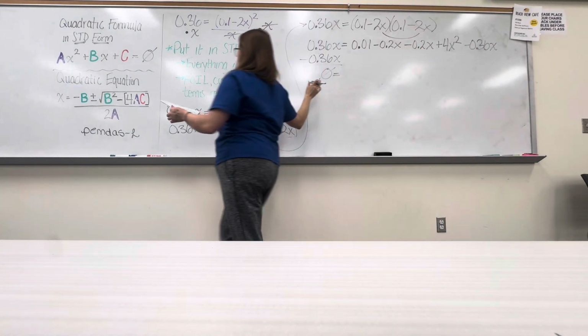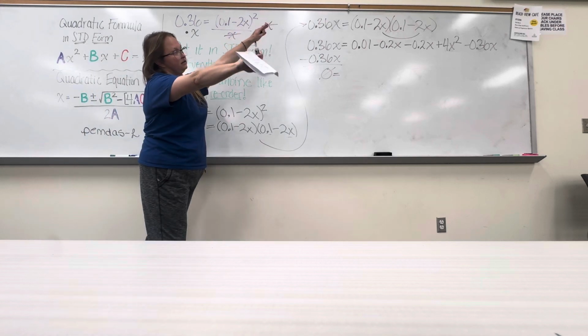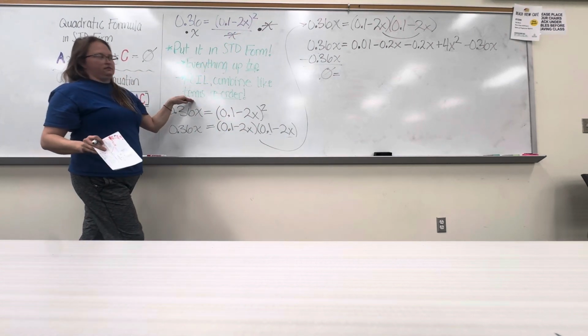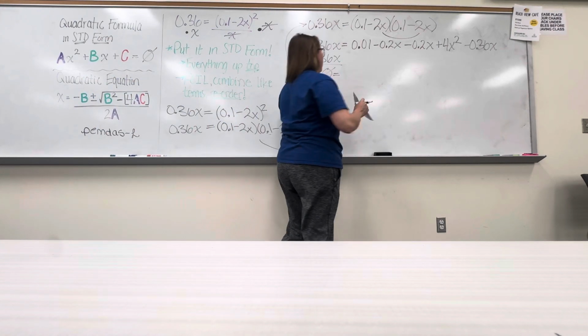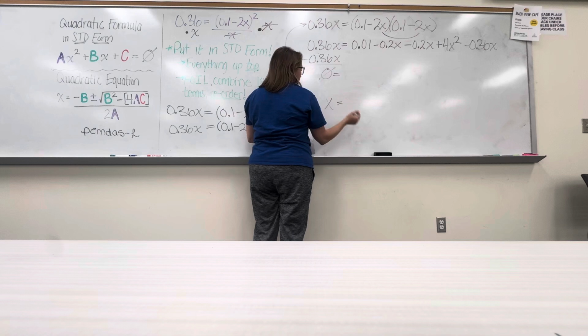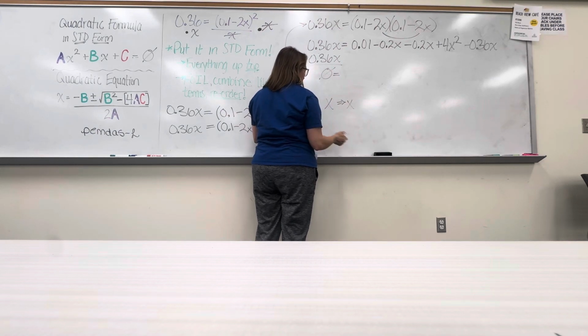Now what is our next goal? Right? We FOILed, we expanded. Now we want to combine like terms. All right? What did we say about like terms? An x can be combined with an x, okay?